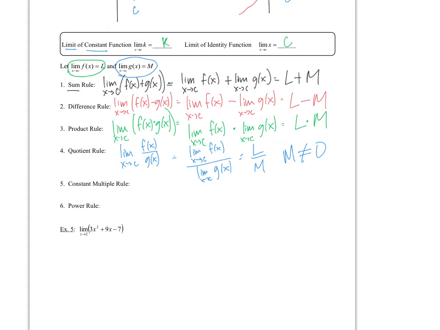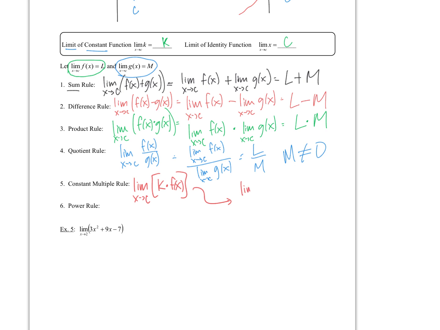Okay, so the constant multiple rule, let me write this one up. Means if I'm multiplying a constant times a function, I'm going to move that over there because I'm running out of room. All this means is it's just the product rule, really.